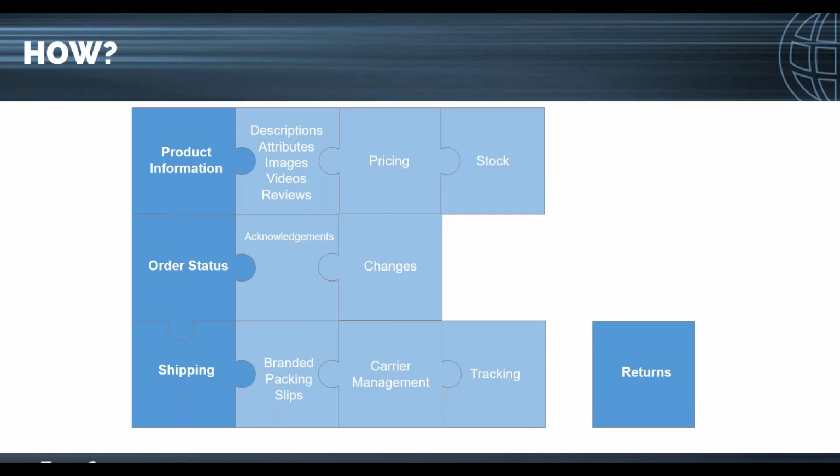And then the descriptions and the images, etc., the detail behind that allows the customer to make sure that they're buying what they really want to buy. They're not going to buy the wrong thing and have to return it.